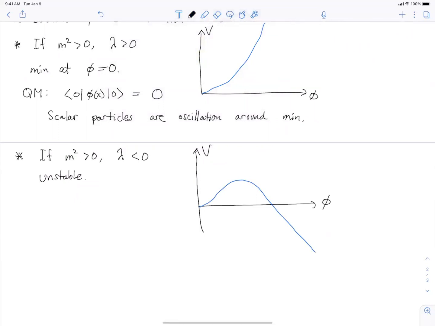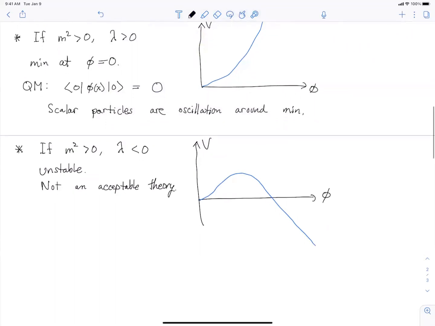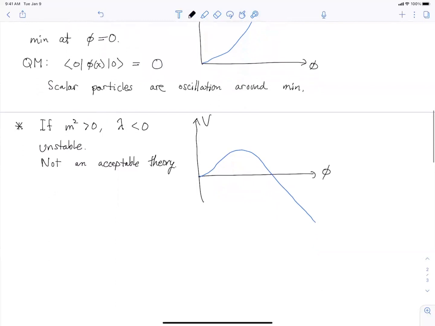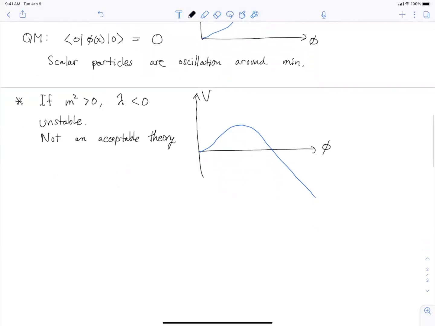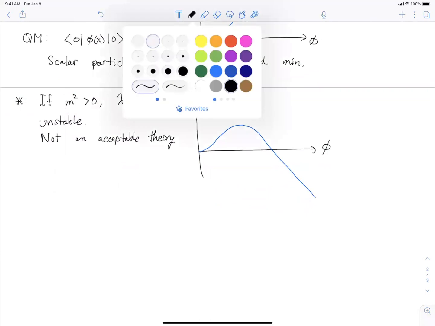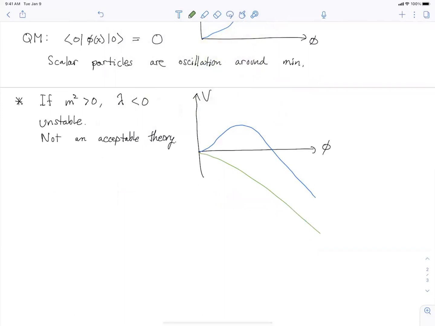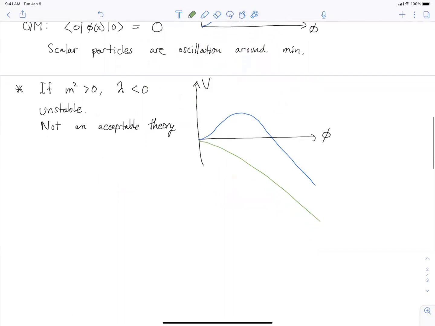And this is presumably not an acceptable theory. So we just can't live in a universe that has that Lagrangian. And in fact, if you think about it, the m squared greater than 0 part of this doesn't really matter. If m squared was less than 0, it would just be even worse. It would just go off to negative infinity like that.